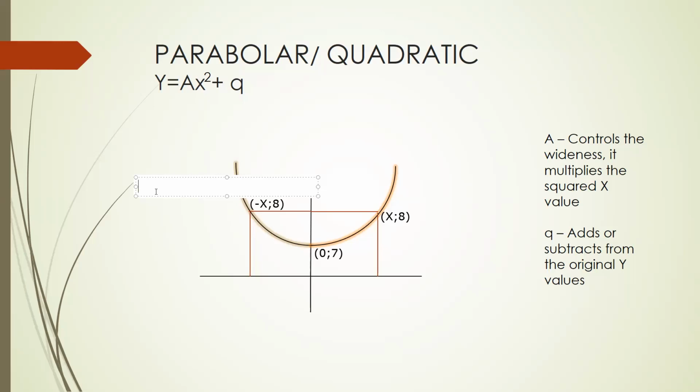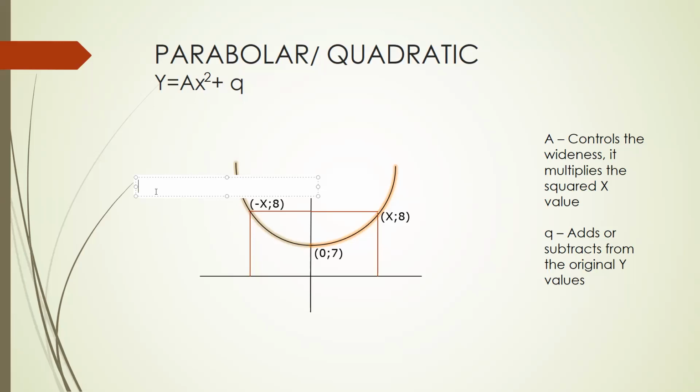Then you are not going to be able to find q, because you would have a value a times a value that's not 0 plus q. Then you would need another point so that you can do simultaneous equations and solve for a and q at the same time. But we are not going to do that here.